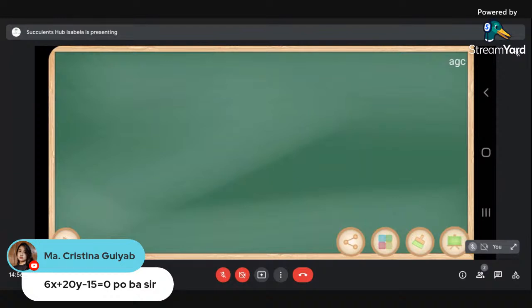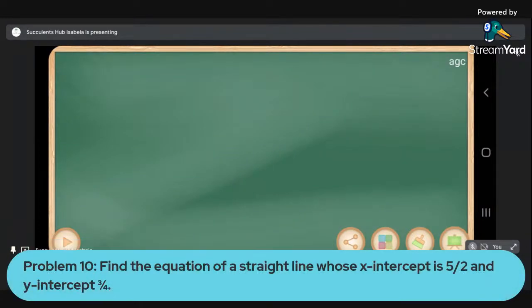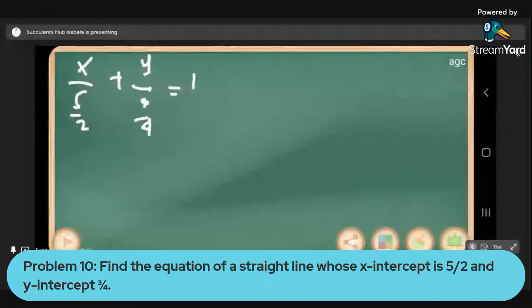So you will have x over 5 over 2 plus y over 3/4 is equal to 1. You can simplify these terms first. Ano?